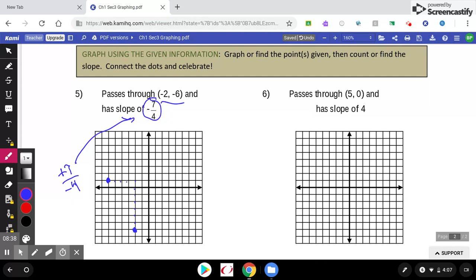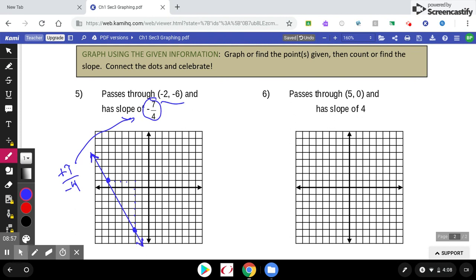And we're going to talk about which way the line tilts in the next video. So stay tuned for that. All right, going to connect these up real quick. Again, 2 points minimum. You don't necessarily have to have more than that. Don't be lazy. Put some arrows on the ends.